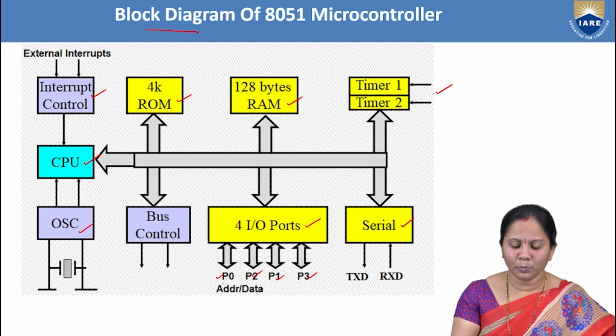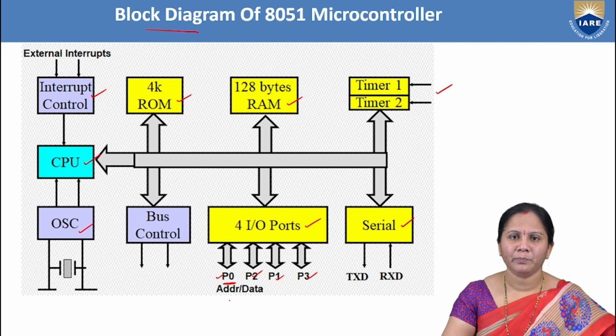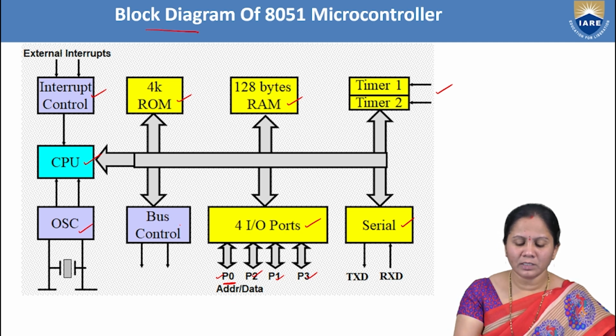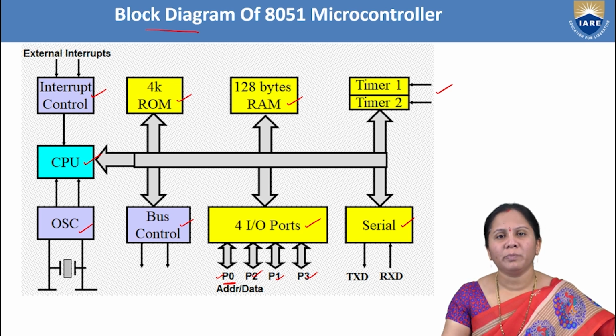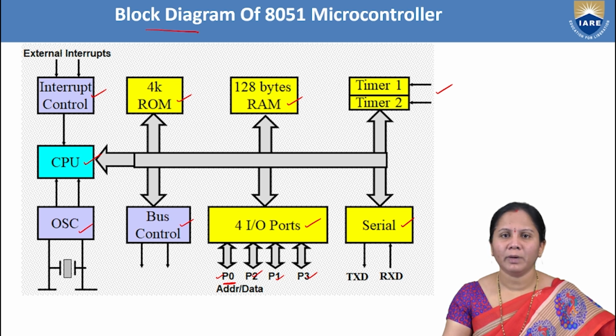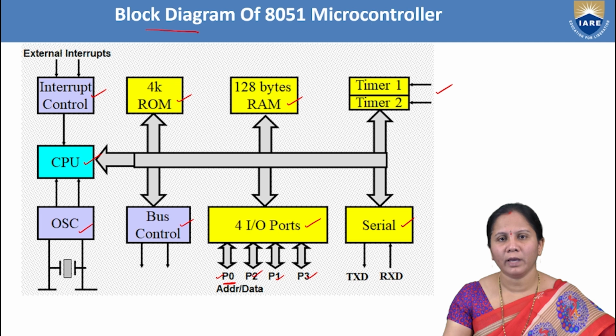Each port size is 8-bit. And here is the bus control unit, which controls all the operations. These are the components in the block diagram of the 8051 microcontroller. We will discuss each internal block in detail while seeing the architecture of the 8051 microcontroller.